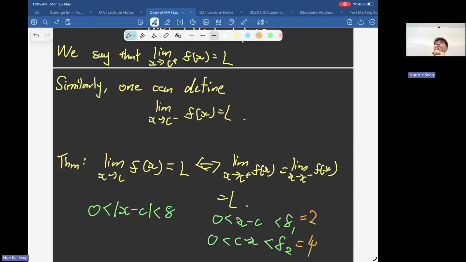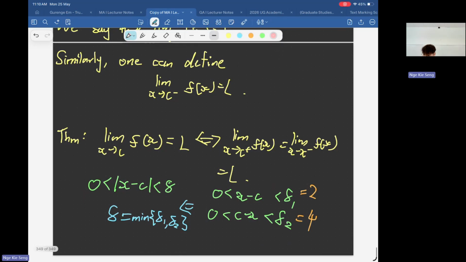Yeah, minimum. Okay, so from right to left, you need to pick delta to be the minimum of these two. From left to right, you just take delta 1 equals delta 2 equals delta.